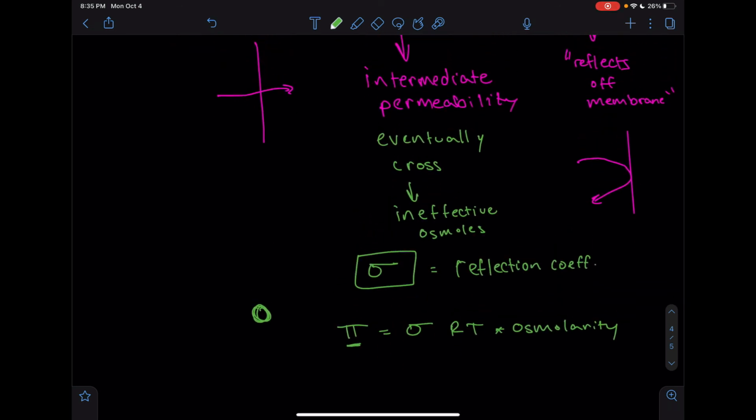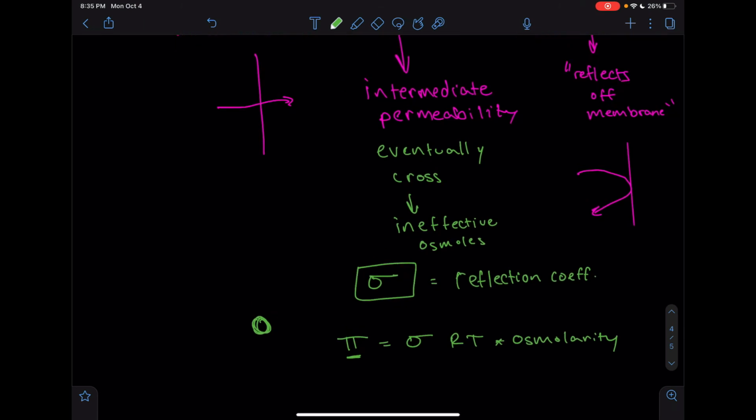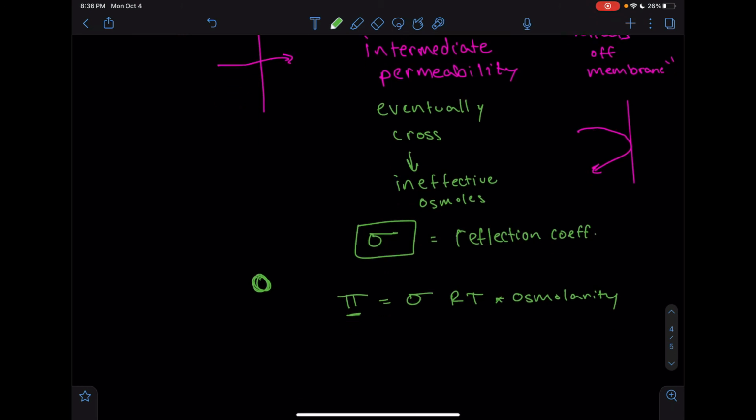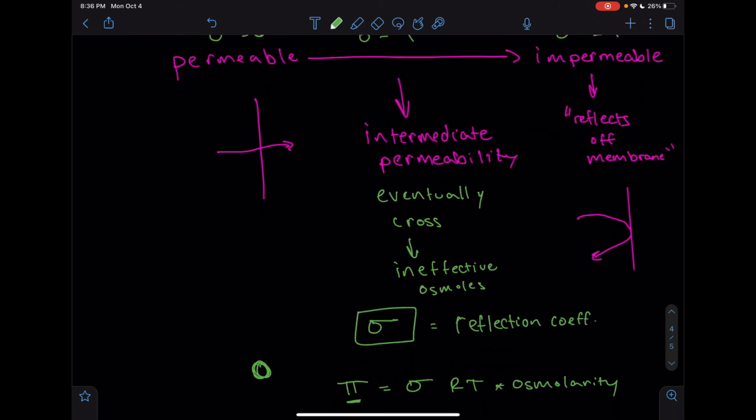Because there will be no need for a net movement of water since the solute will move through the membrane. But if you have a sigma of 1, that means that yes, there will be osmotic pressure that will build up. In terms of these ineffective osmoles, if you have something in between, it causes transient effects to water movement, but as they equilibrate, their contribution to the osmotic pressure eventually approaches zero, almost as if it were permeable.